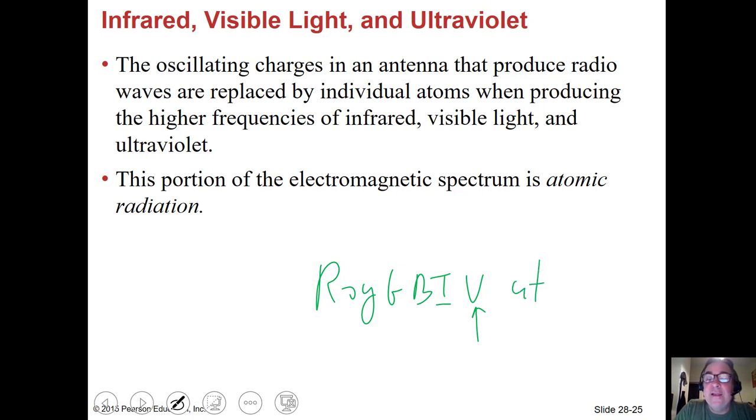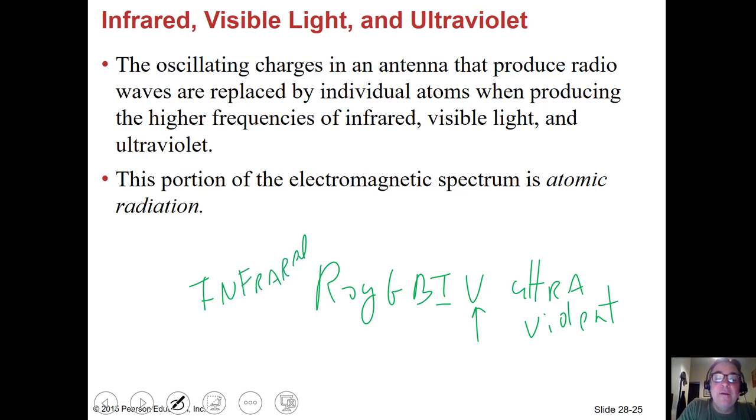So ultraviolet is beyond violet. And then infrared is over here. So it goes infrared, visible. This part's the visible part. And then we have ultraviolet. So that's the order, and the increasing energy goes this way.